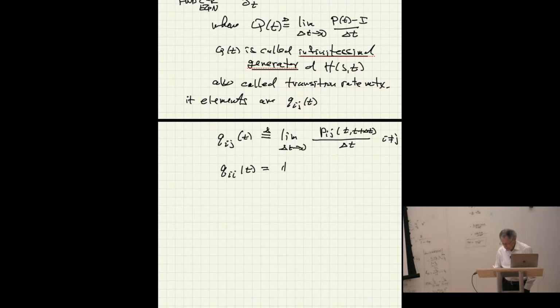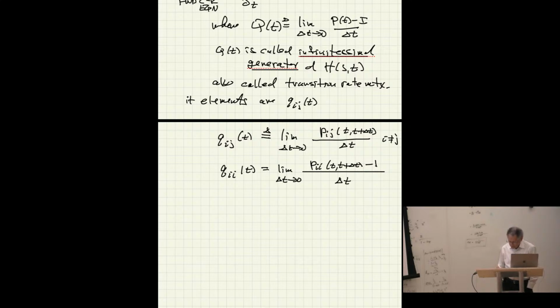That's defined to be the limit as delta t goes to 0 of almost the same thing, but not quite. It will be p ii of t and t plus delta t, but now we're going to subtract 1 from that and then divide by delta t.